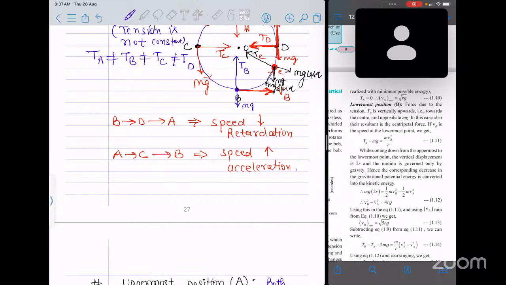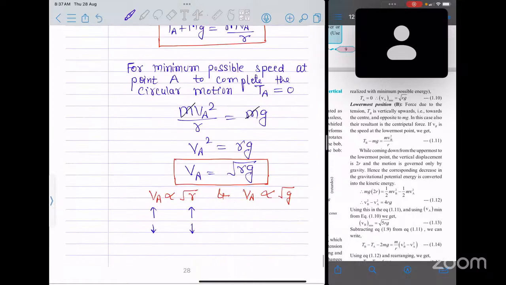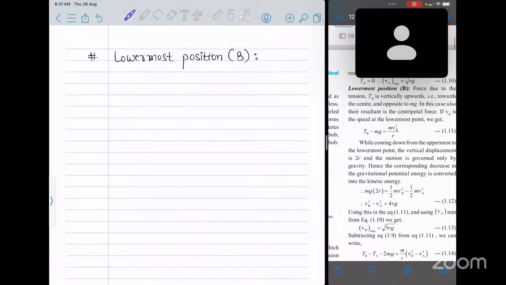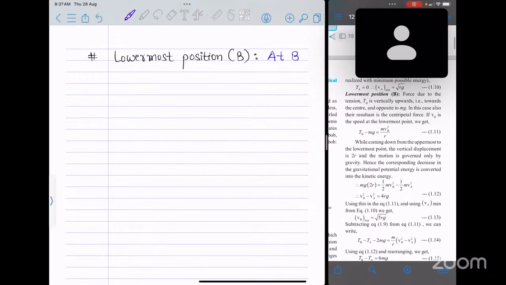Yes, sir. Okay, so at lowermost position B, at point B, weight mg is downward, and tension in the string T is towards the center.